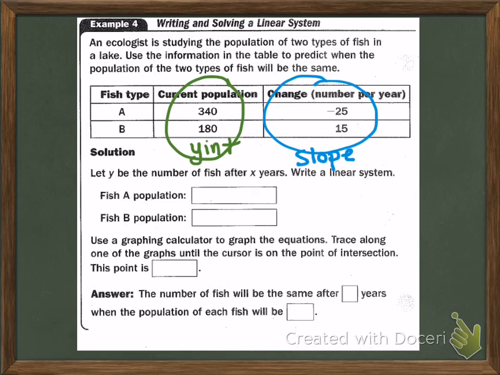So for population A, we have y is equal to, and the change is that it's going down 25 per year, and the population starts at 340.